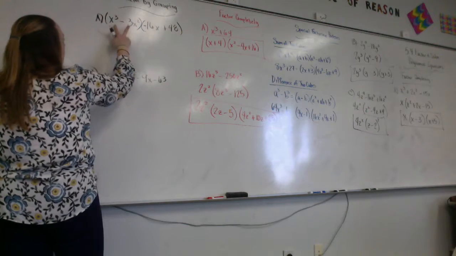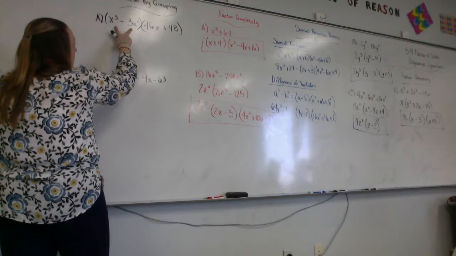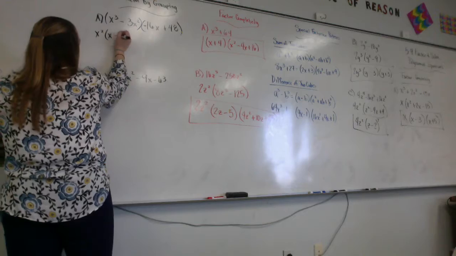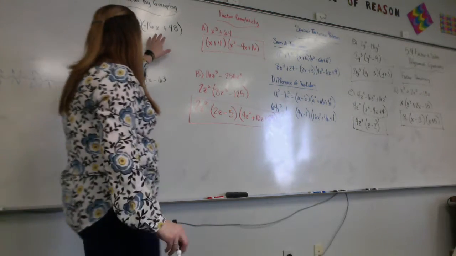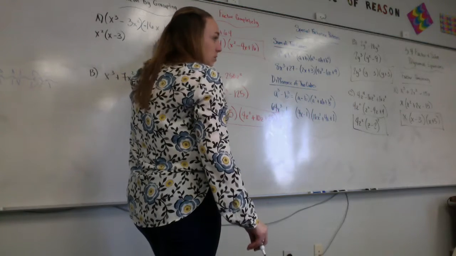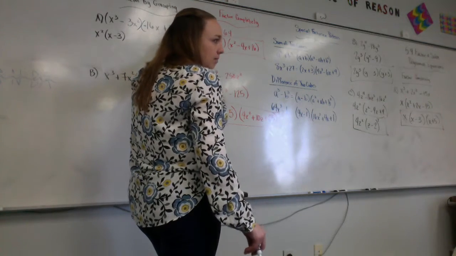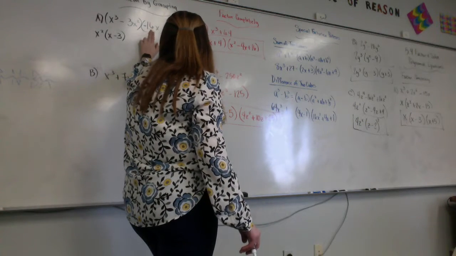Now, what can I take out of here? You can take out an x squared, and I'm left with x minus 3. Now, here's the deal. I want to take enough stuff out of here that what is left says x minus 3. So that means I would have to take out a negative 16.